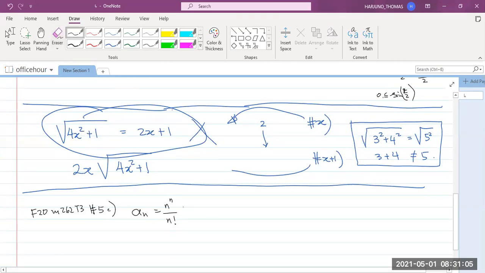Now, the way I do it is this. The first term is easy. That's 1 over 1. The second term will be 2 times 2 over 2 times 1. The third term, so what we do here is actually look at patterns.